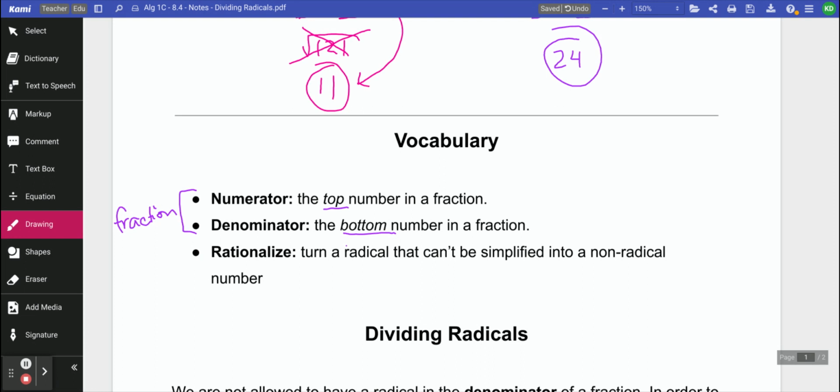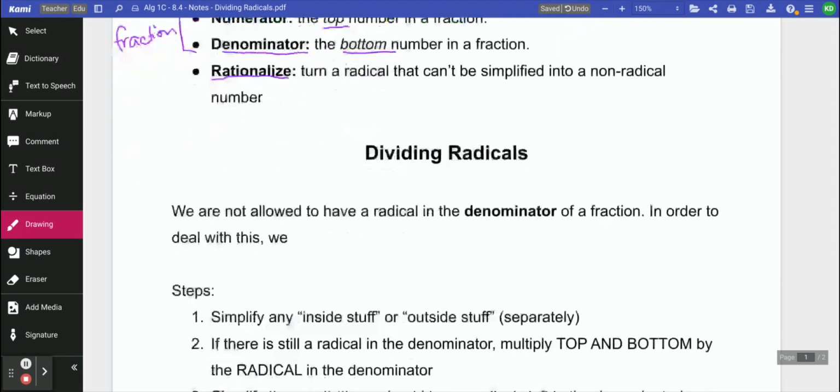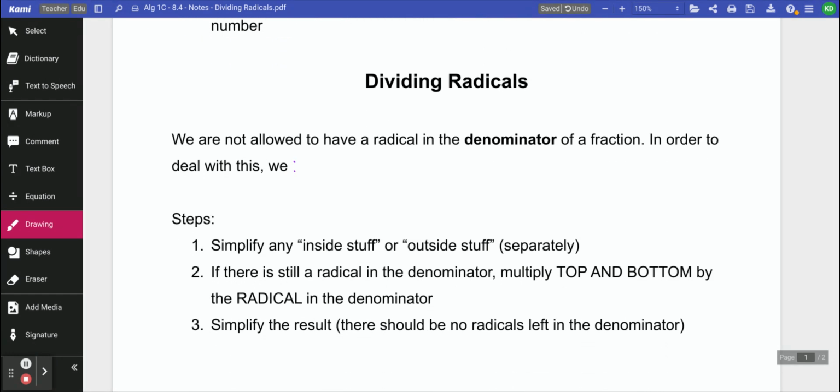So what we're going to be doing is rationalizing the denominator, which means anything that's a radical in the bottom of our fraction, we have to convert to a number that's not a radical. So here are some examples of dividing radicals. We're not allowed to have a radical in the denominator of the fraction. So in order to deal with this, we simplify any inside stuff or outside stuff, like your 8.1 and 8.2 notes.